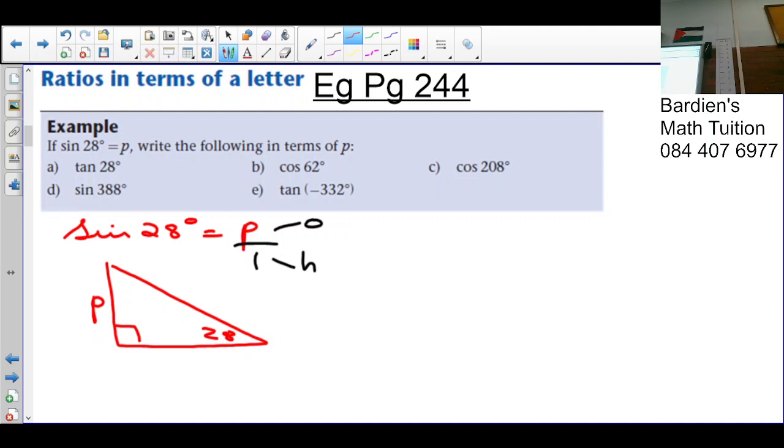Hypotenuse. And what's your hypotenuse? 1. So looking at this, what do we need to work out? The adjacent side. Use Pythagoras to work out your adjacent side. Let's see what you guys come up with.